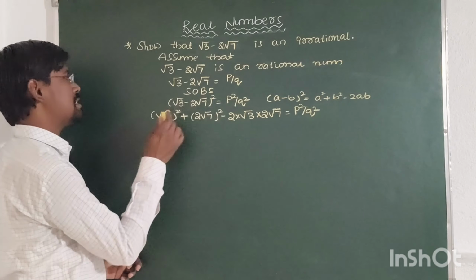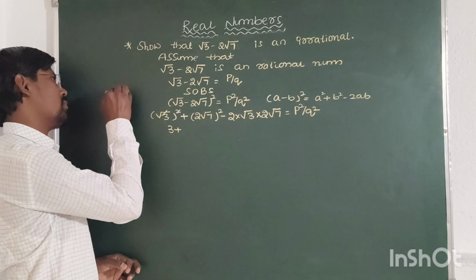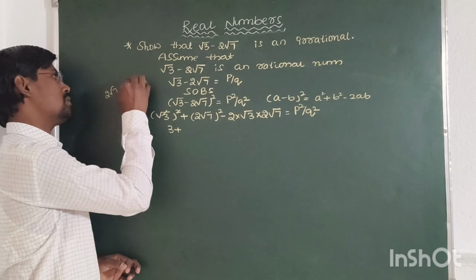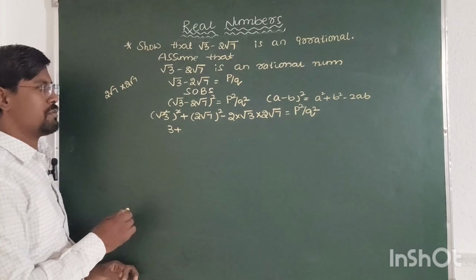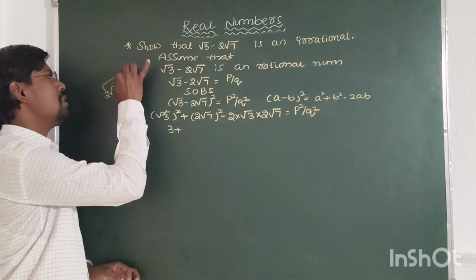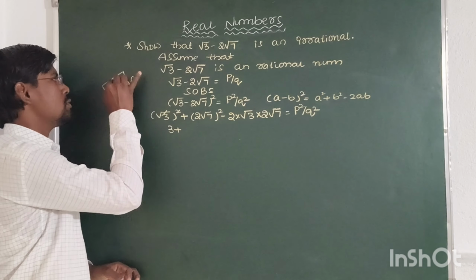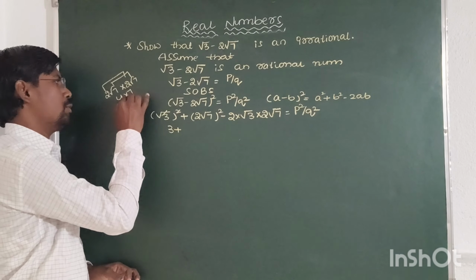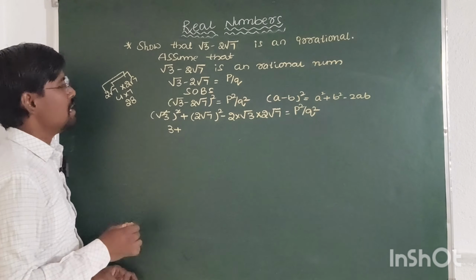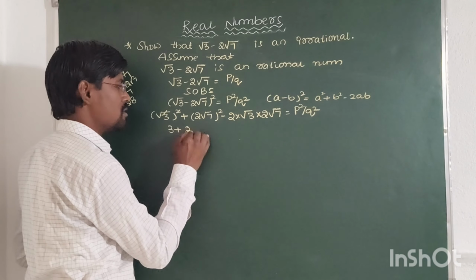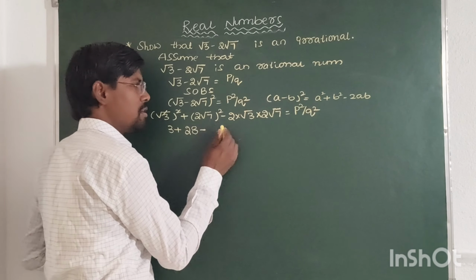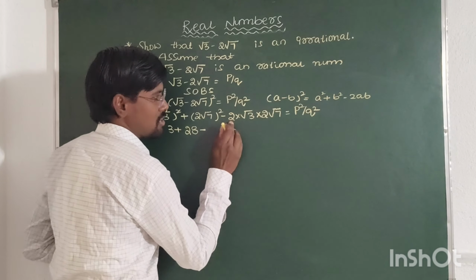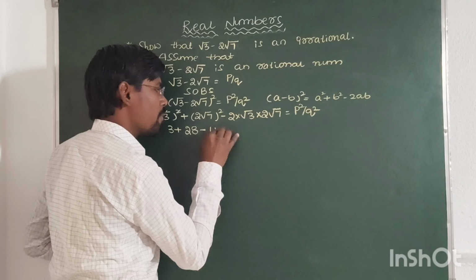Now 2 root 7 whole square is 2 root 7 into 2 root 7. 2 2s are 4, root 7 into root 7 becomes 7, 4 7s are 28. So 3 plus 28 minus, let us multiply rational to rational and irrational to irrational: 2 2s are 4 minus.